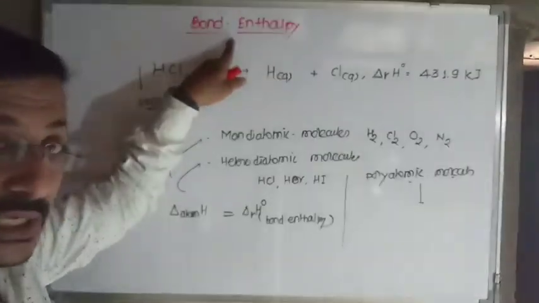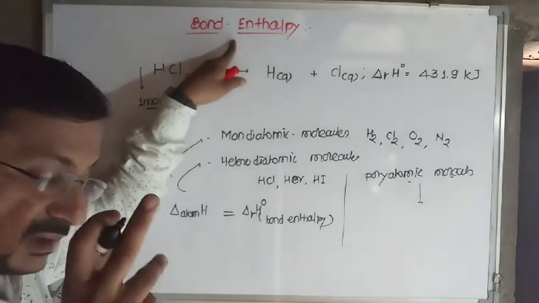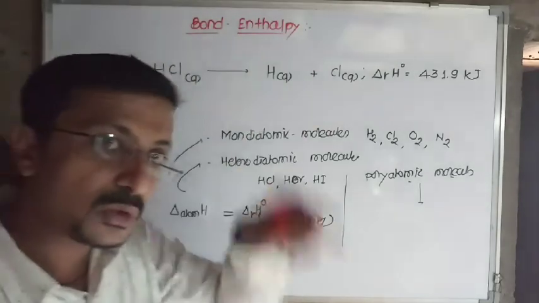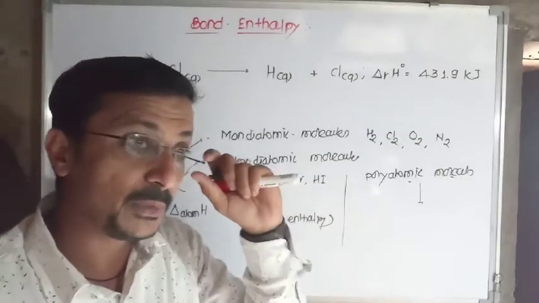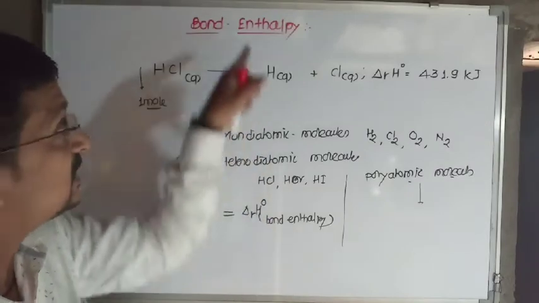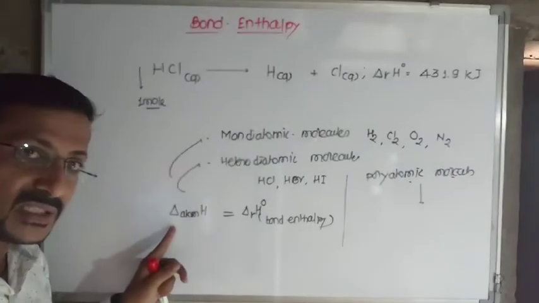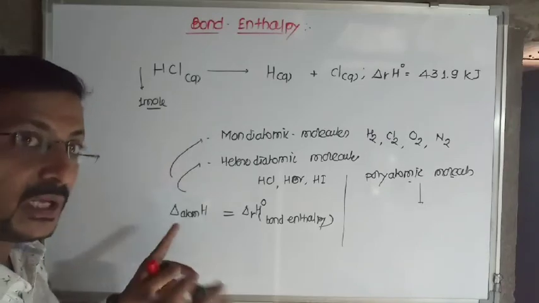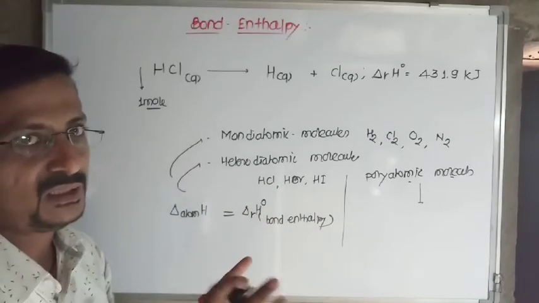But what is bond enthalpy? It is the enthalpy change or energy required to break a particular covalent bond from 1 mole of a gaseous substance. And what is enthalpy of atomization? Enthalpy of atomization is the energy required to break all the bonds in that molecule.